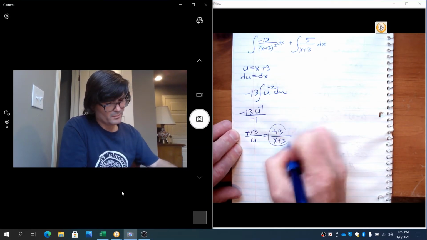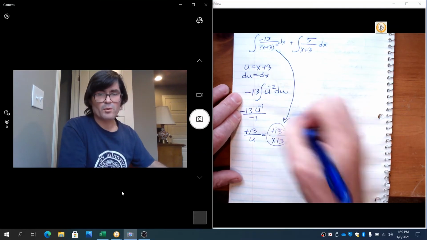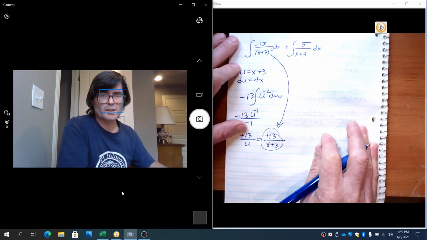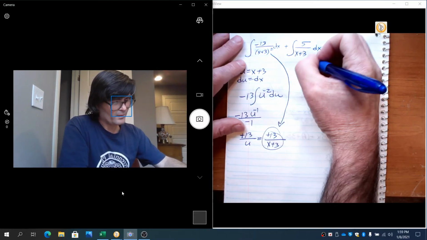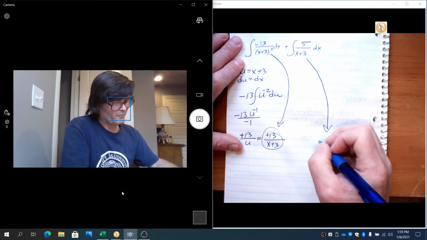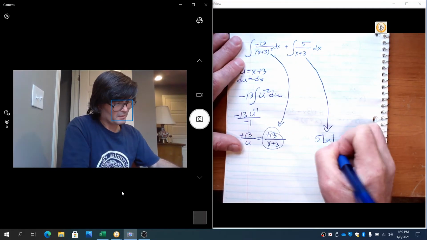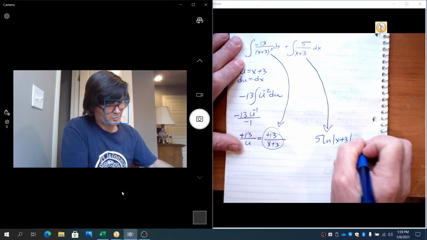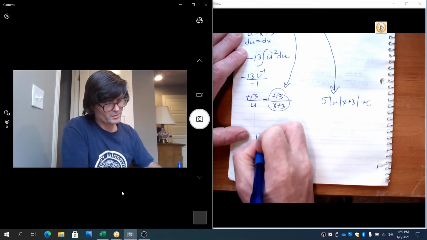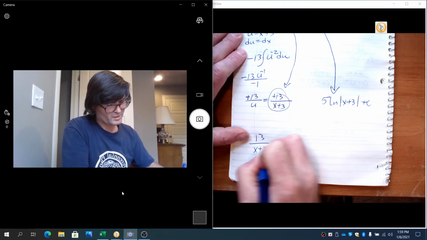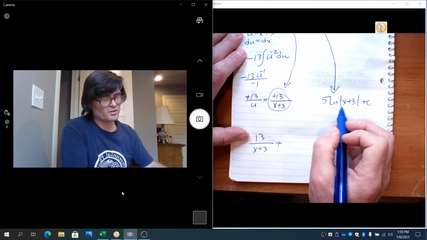So this is the integral of this first portion. And then this guy would just be 5 natural log of x plus 3 and then plus C. So my total integral will be 15 over x plus 3 plus 5 natural log of x plus 3.